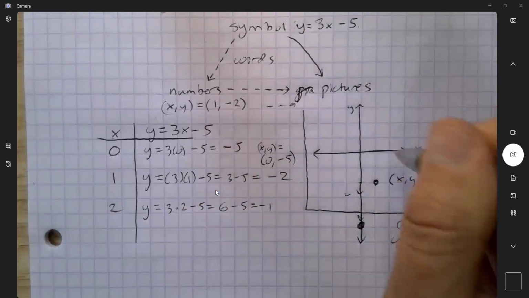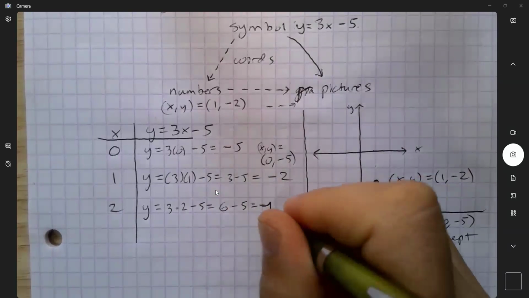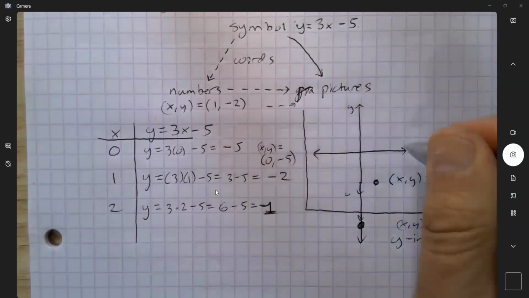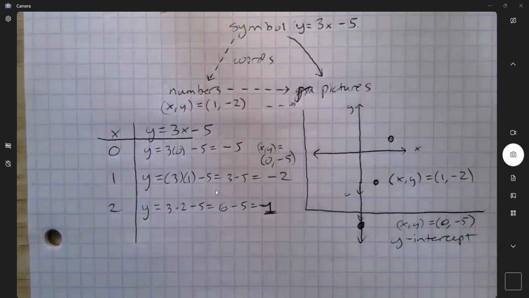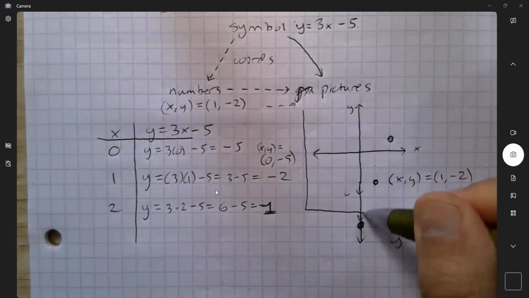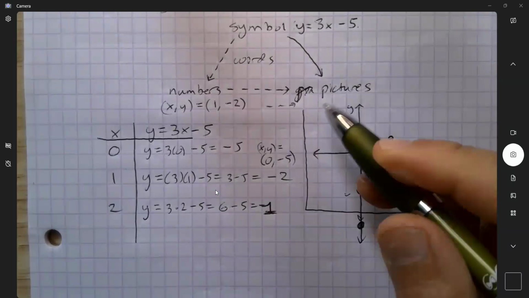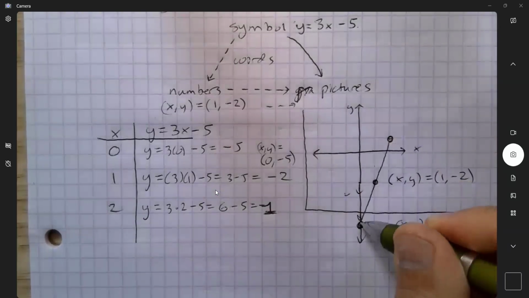So when x is 2, y is +1. And as soon as you've got 3 points, you can see that this should be a straight line. Even with 2 points, you can assume that for these types of equations.